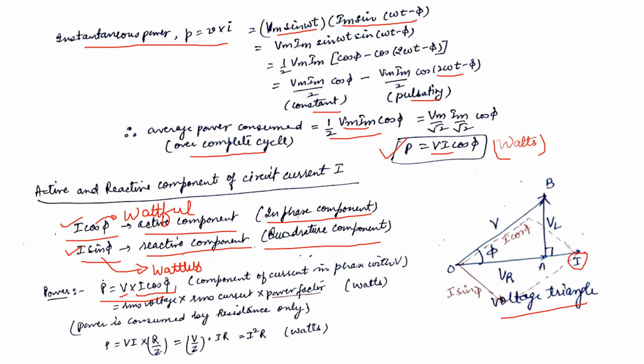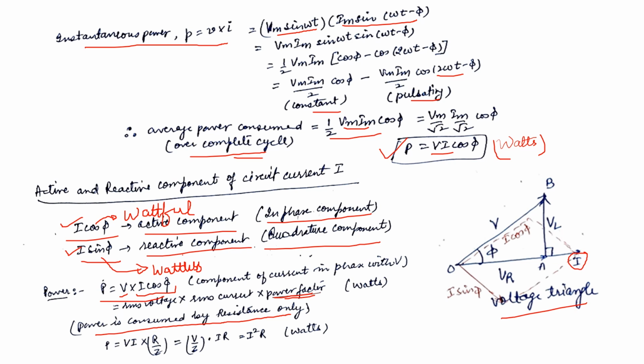And cos phi is also known as the power factor. In the RL circuit, it is only the resistive part which is consuming the power. In a purely capacitive or purely inductive circuit, we have seen that the average power over the complete cycle was 0. But in a resistive circuit, some power is consumed, and because this was an RL circuit, we have power consumed here. That power consumed is VI cos phi.